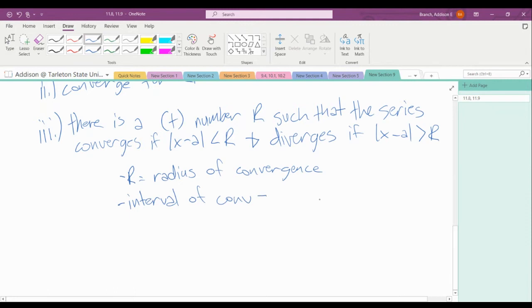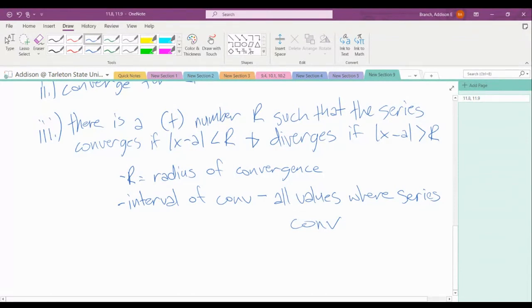And that is essentially saying, what are all the values where the series converges? And this, once again, is pretty much just a mix of a geometric and ratio test.